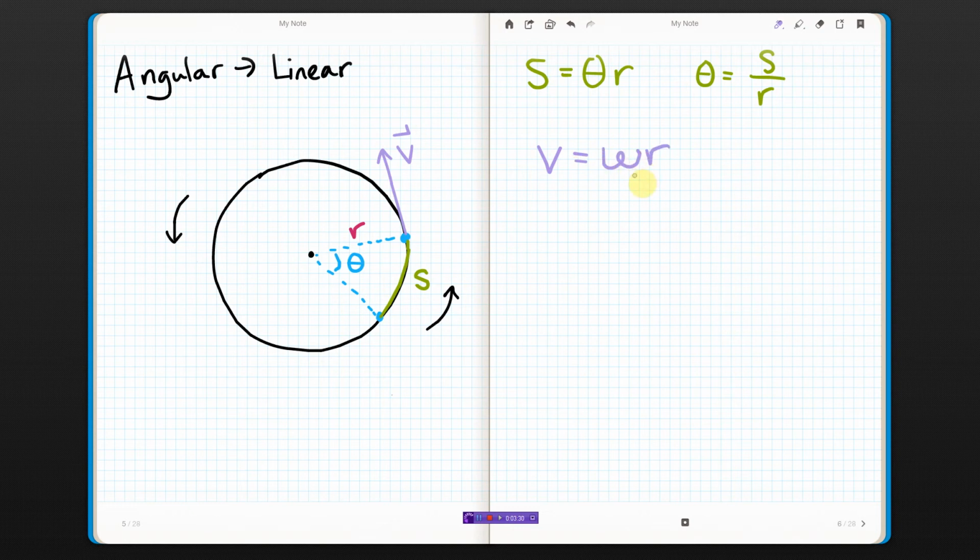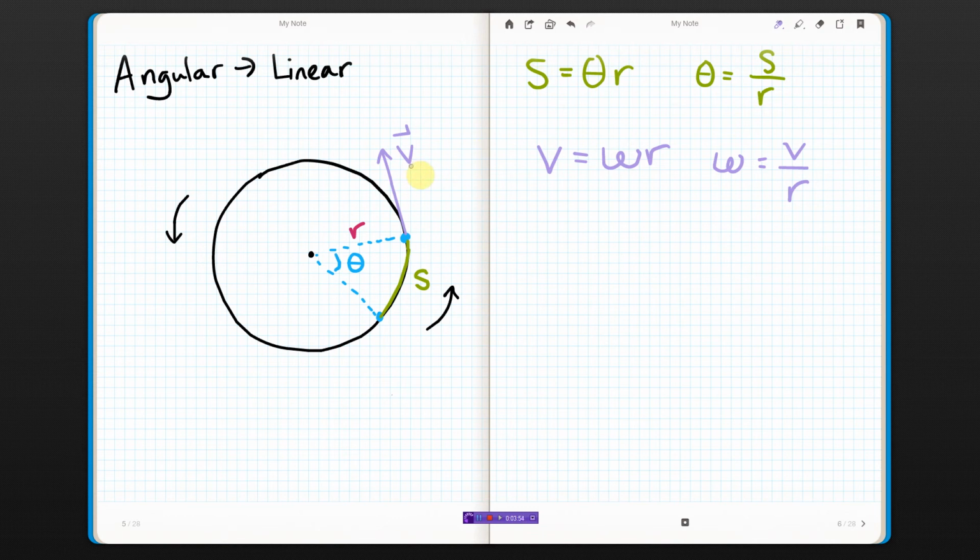You might be starting to notice a pattern here. You just take the angular variable and multiply by r to get the linear variable. If you wanted to go back the other way, of course, you just solve for omega. Omega is tangential velocity divided by r.